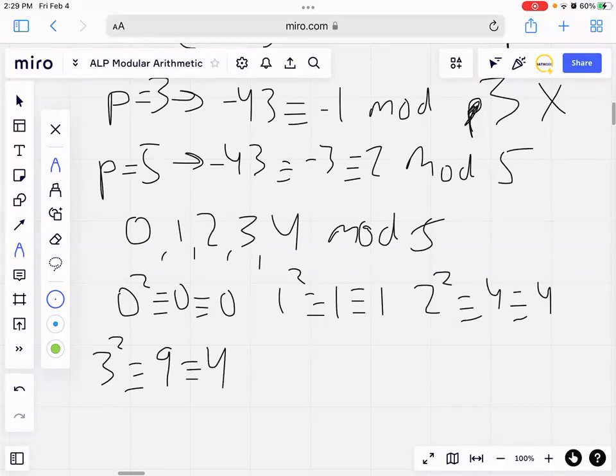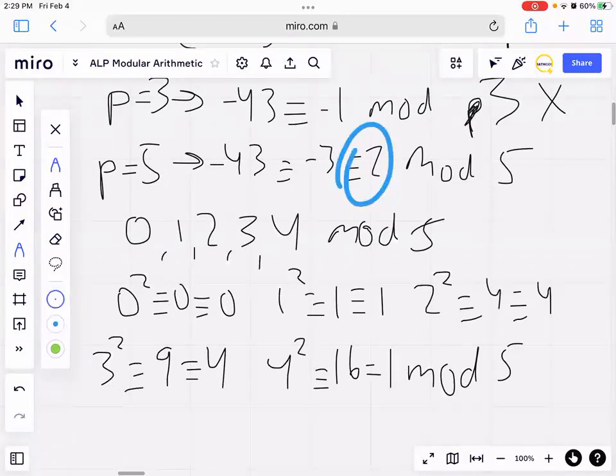And finally, 4 squared is congruent to 16, which is congruent to 1 mod 5. Note that when all these numbers are squared we get 0, 1, and 4, and none of these are equal to the 2 that we need here. So therefore, mod 5, p can't equal 5.